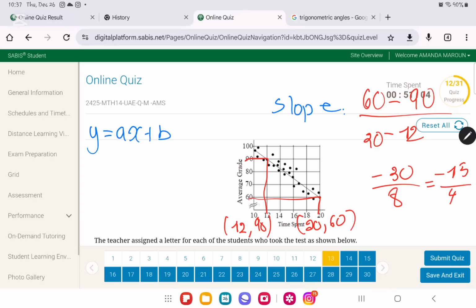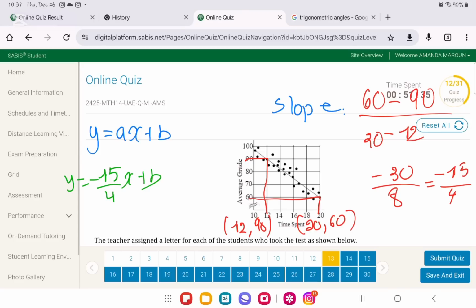So we have our slope, which is minus 15 over 4. And we know that the slope is always the number next to x. So y is equal to minus 15 divided by 4 x plus b. Now, if you go back, they made it in a big equation. They made x a whole number.